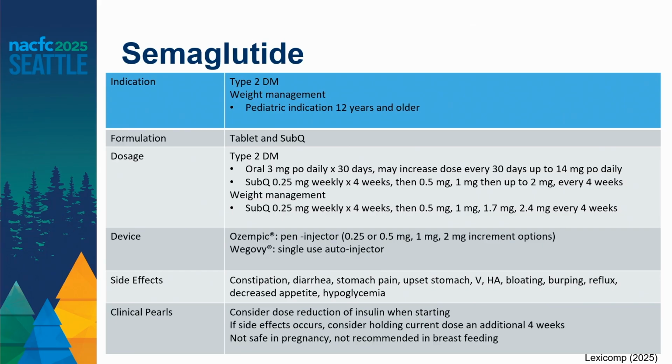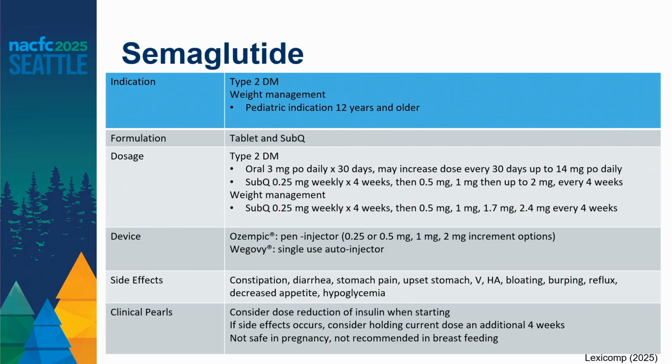I'm going to try to refrain from using the brand names of most of these medications, but we'll start with semaglutide. Semaglutide has been approved for type 2 diabetes, and it does have a pediatric indication from 12 years and older. There is an oral formulation as well as a sub-Q formulation.